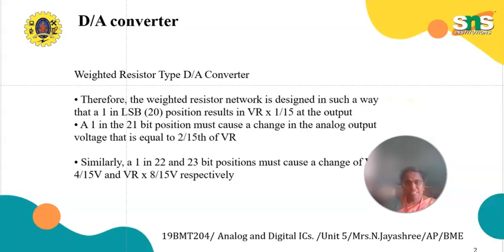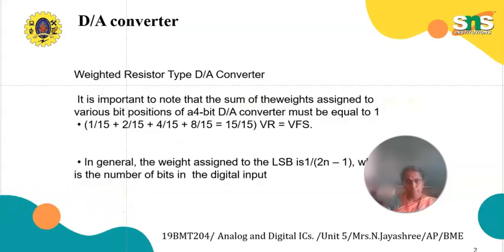The weighted resistor network is designed in such a way that a 1 in the LSB, the 2^0 position, results in VR times 1/15 at the output stage. A 1 in the 2^1 bit position must cause a change in the analog output voltage equal to 2/15 of VR. Similarly, a 1 in the 2^2 and 2^3 bits must cause changes of 4/15 and 8/15 of VR respectively.